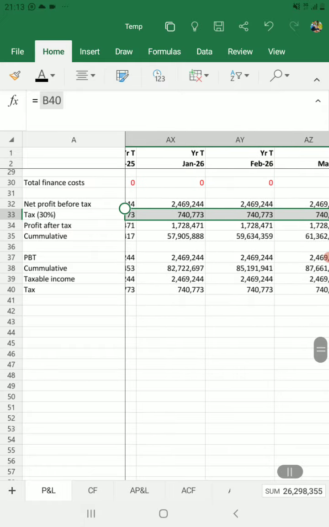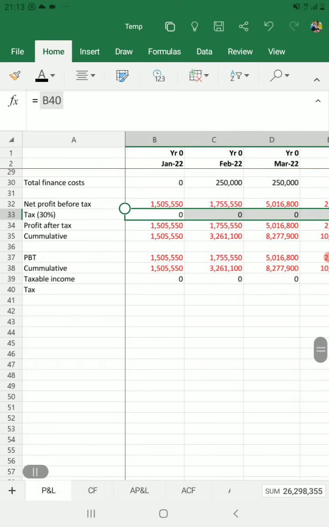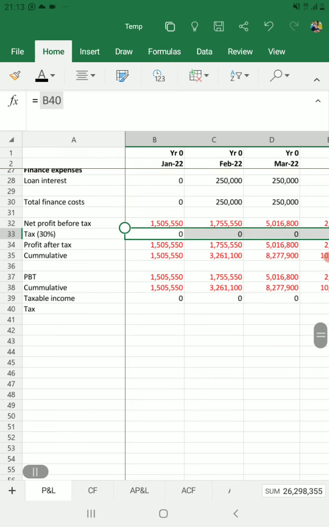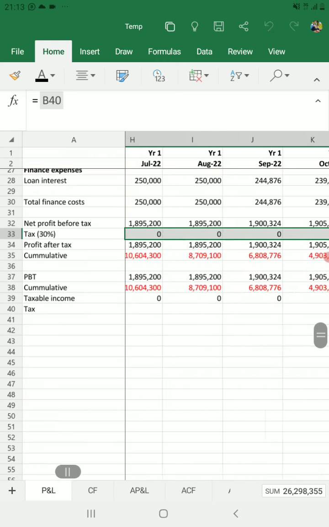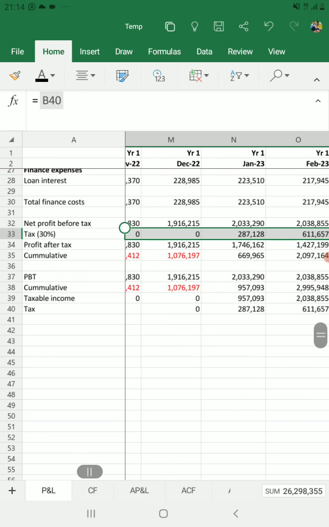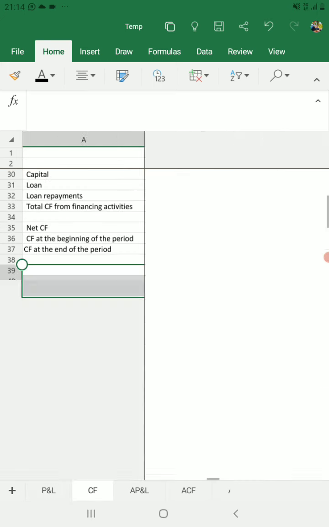So we have our tax figures on monthly basis, already incorporated in our income statement. And as you can see, the tax figure started after we have paid for all the cumulative losses here, and these have already been incorporated into, for example, the monthly cash flow statement here.